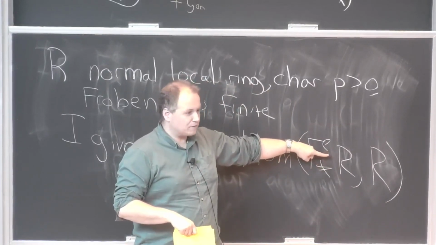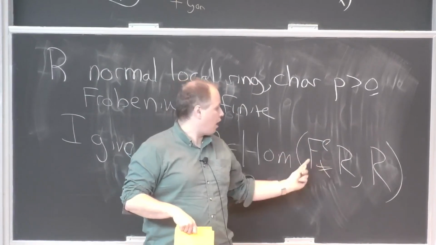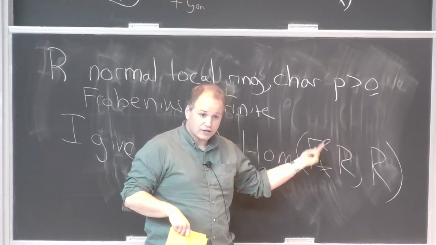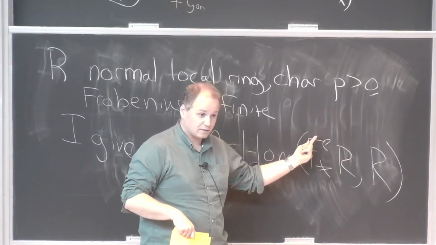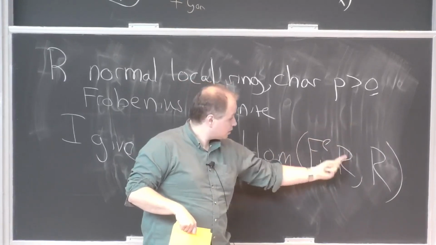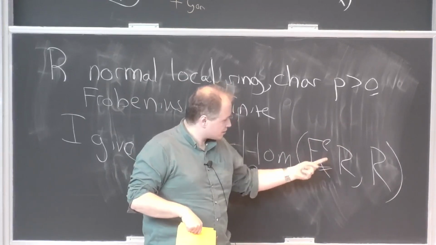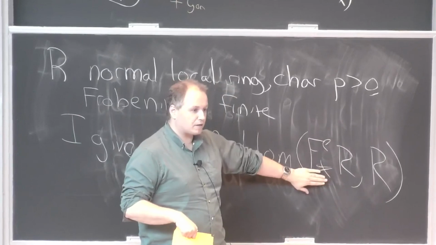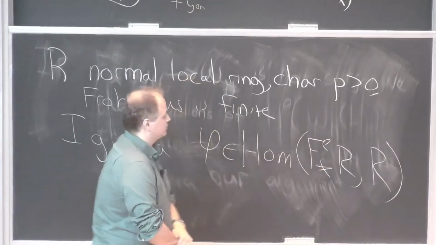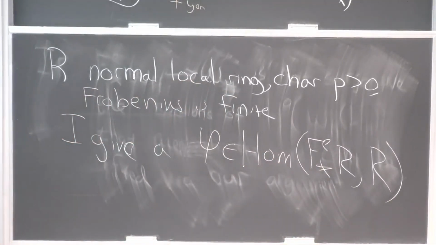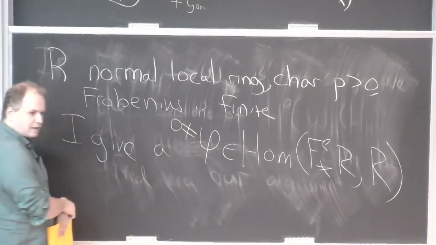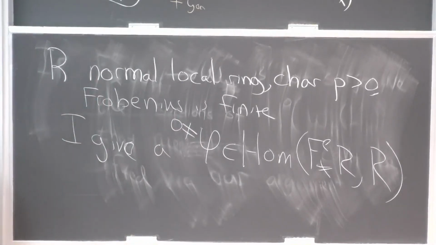But it is an abusive notation where it just means R as an R-module, but we understand the R-module action via Frobenius. So we are just abusing the notation from scheme theory and putting it right there. Okay, and I give you some kind of phi in there. Maybe it's a Frobenius splitting. I do probably want to assume it's not 0, because that would be particularly boring.